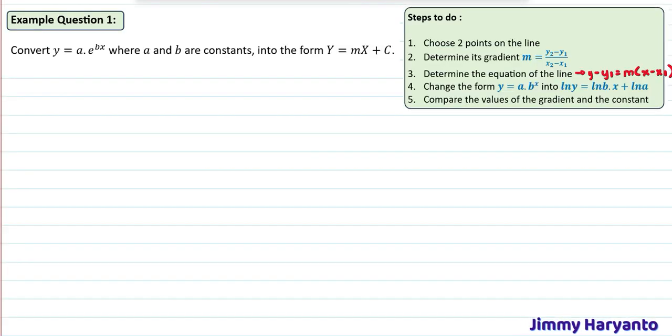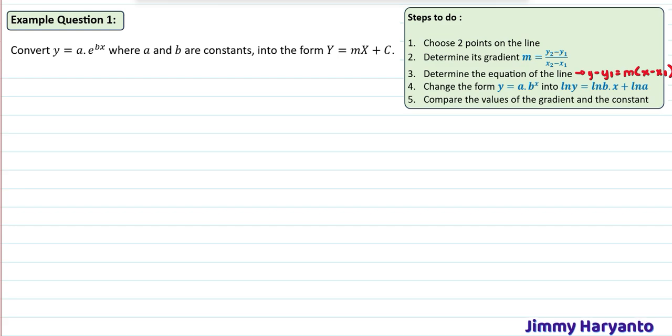Okay, example question 1, we have y equals a times e to the power of bx, where a and b are constants. We have to change this into the form of y equals mx plus c. So for this one, I don't think we have to follow the steps, yeah, because we can solve it directly.